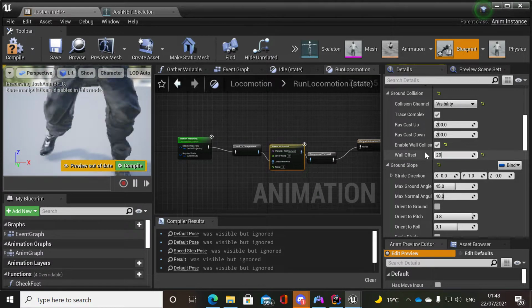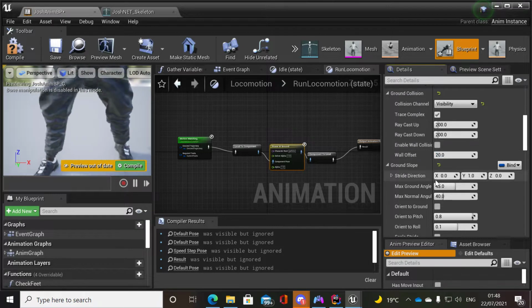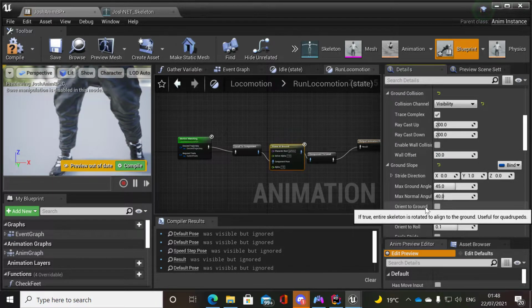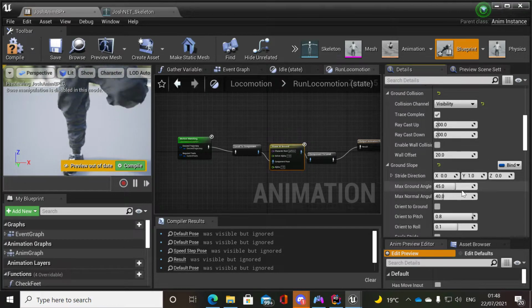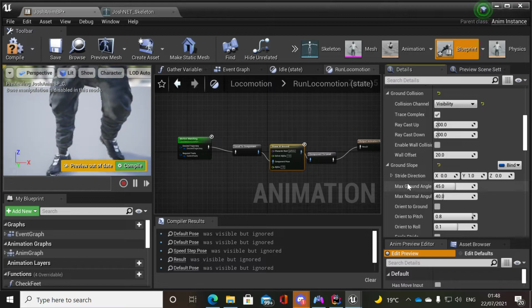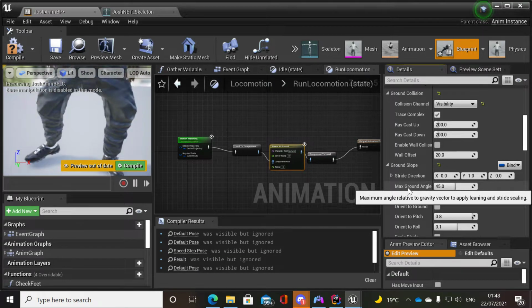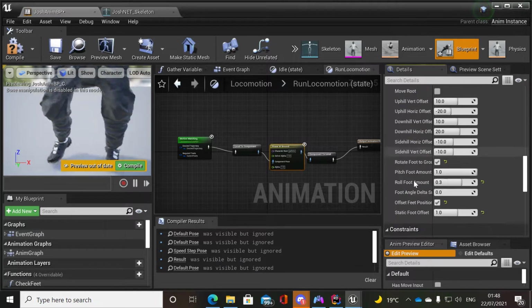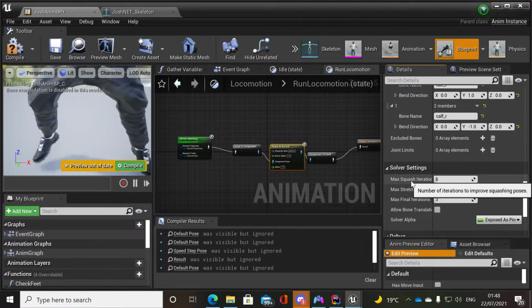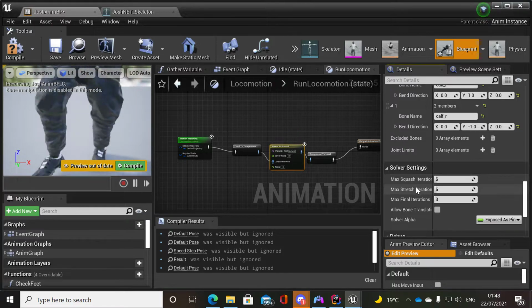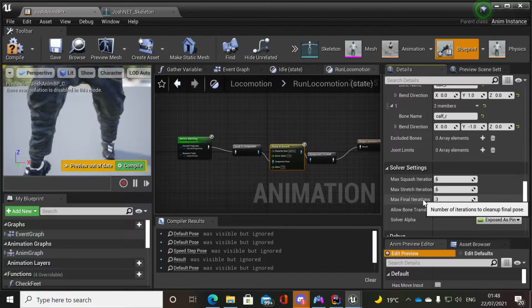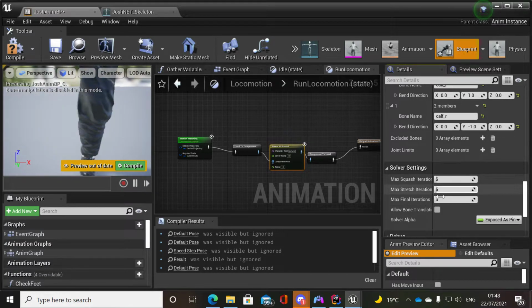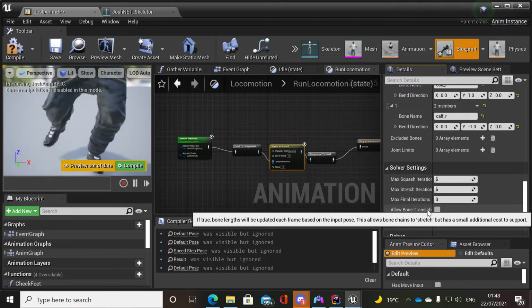Why is the flag oriented to the ground? In TypeScript, no, we don't want that. If you go down, there is a number of iterations or something like that, right? Yeah, number of iterations to stretching points. Can we have a very big number?